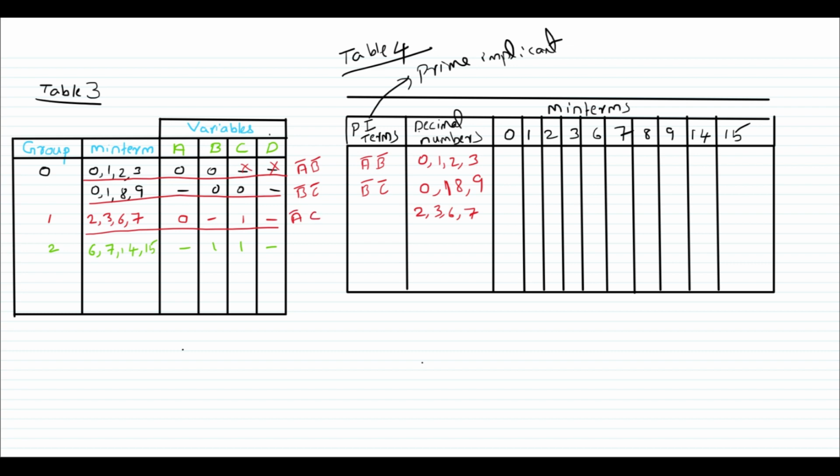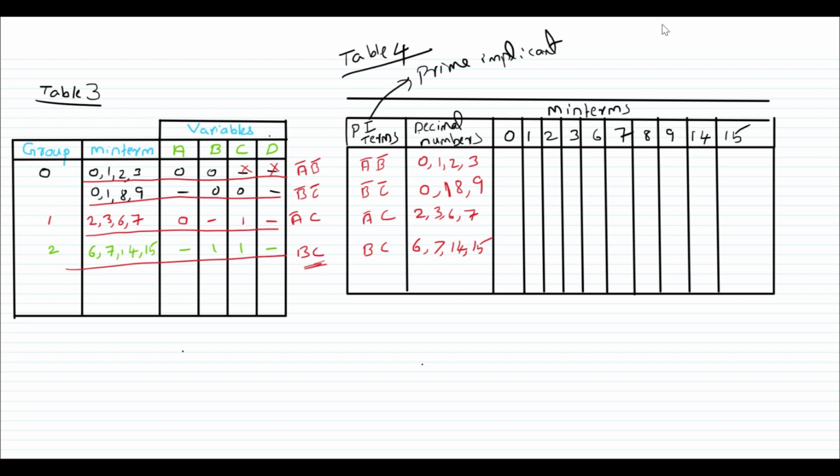And for the last group, that is 6, 7, 14, 15, we have BC. So these are the prime implicants: A bar B bar, B bar C bar, A bar C, and BC.